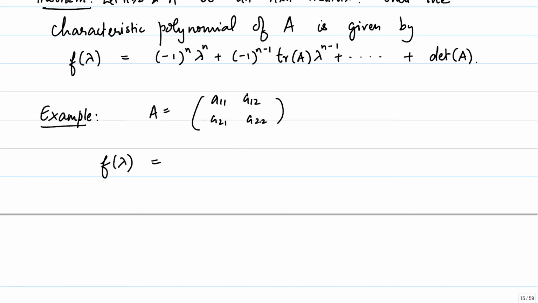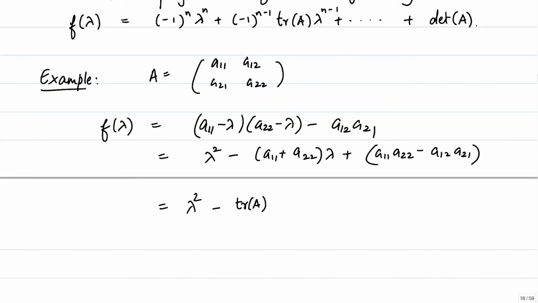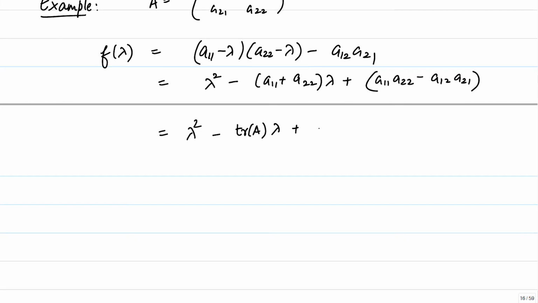Let's compute it. (a11 minus lambda)(a22 minus lambda) minus a12 times a21, which is equal to lambda square minus (a11 plus a22) times lambda plus a11 a22 minus a12 a21. If you notice, this is lambda square minus the trace of A times lambda plus the determinant of A, which is nice.